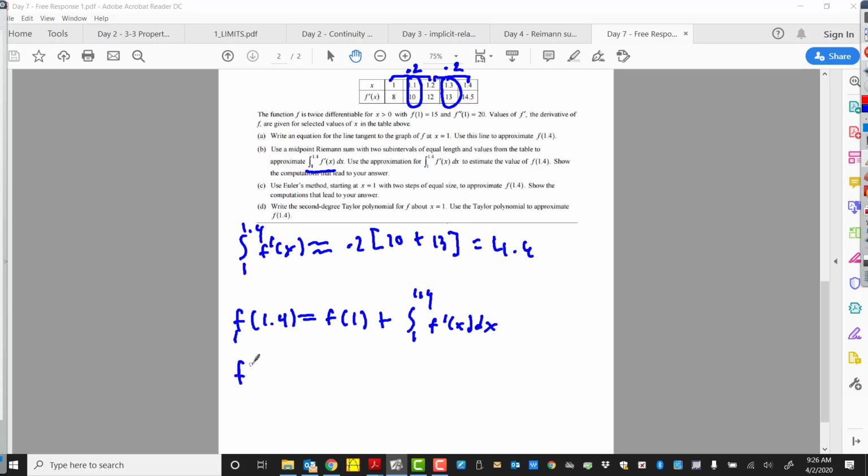So f of 1.4 is approximately f of 1, which was 15, plus this integral, which we approximated to equal 4.6. And so we end up getting f of 1.4 is approximately 19.6.